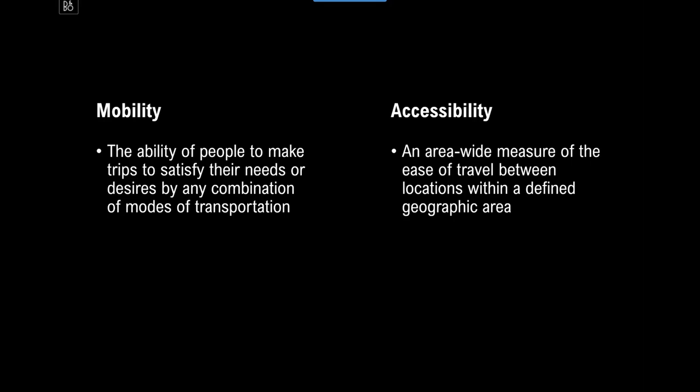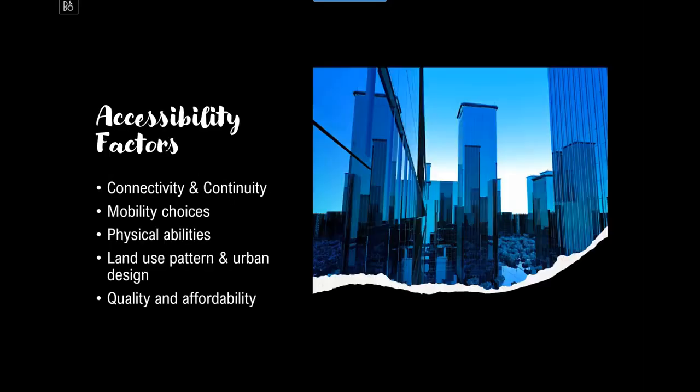So mobility is the ability for it to occur, whereas accessibility is more the measure of the ease of that. Accessibility factors include your connectivity and continuity, mobility choices, physical abilities, land use patterns, and urban design plays a large role in that. And then also the quality and affordability of those options.